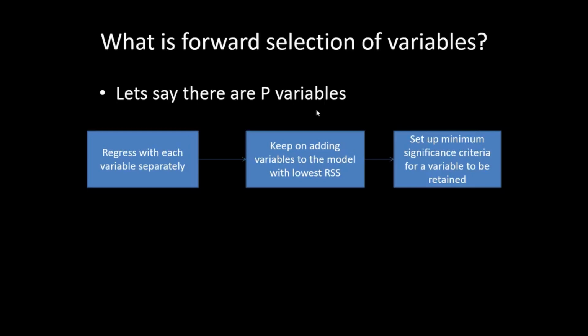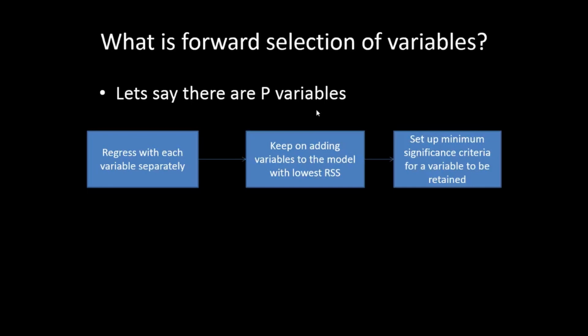We run the regression again, and then we select the next variable in the list, based on the residual sum of squares. The one with the next lowest RSS we take, and so on. We first arrange it in ascending order, and then select one by one, right?